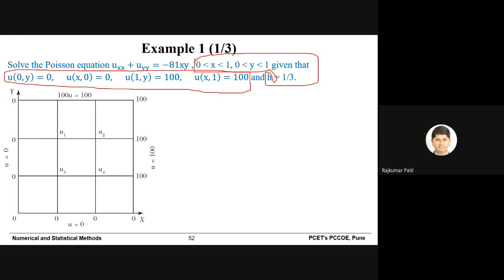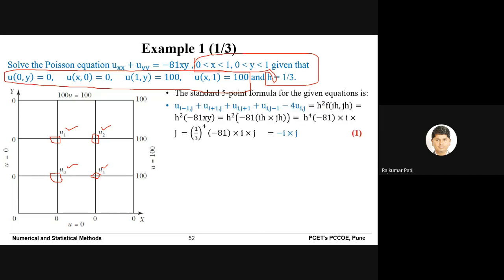And now for the remaining points, that is the intermediate points, you need to find out the unknowns, that is u1, u2, u3 and u4. So these are the intermediate points within the mesh, and we know the boundary values, and we need to find out the unknowns u1, u2, u3 and u4. So how to proceed?